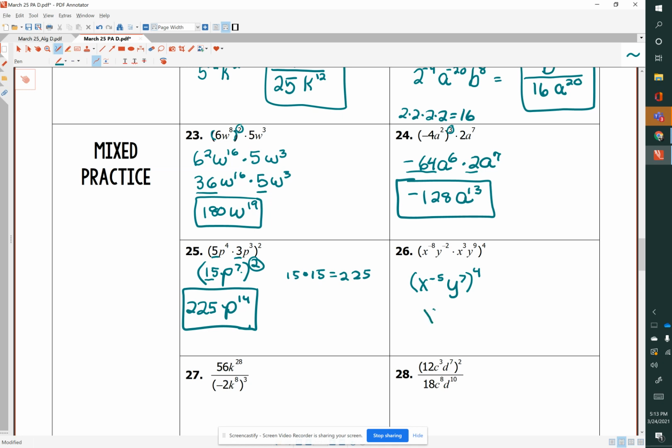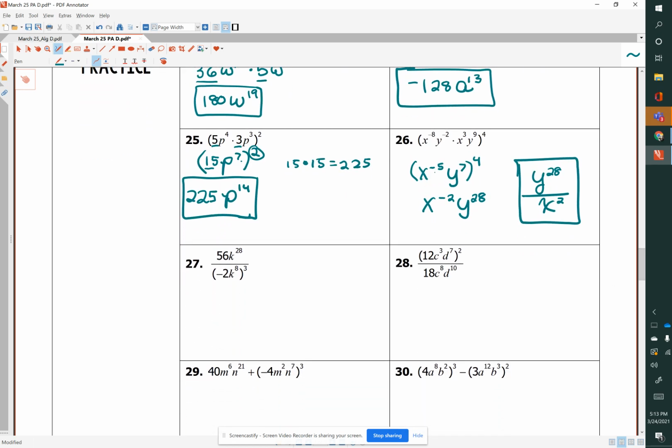So that would give us x to the negative 5 times 4, negative 20, y 7 times 4 is 28. So now x is going to need to go into the denominator. In the numerator, y to the 28th power. In the denominator, x to the second power, and that's final.